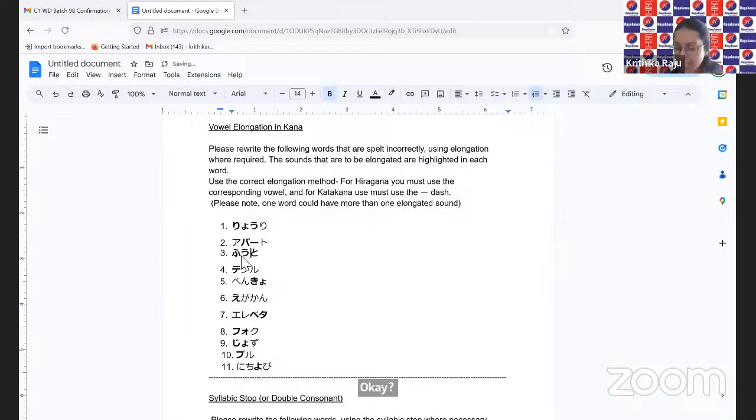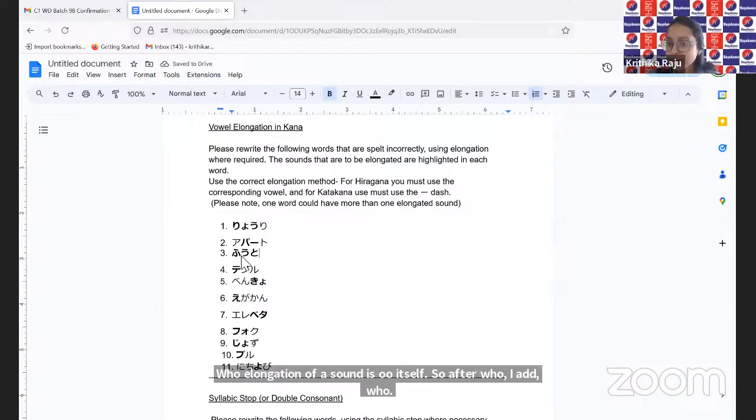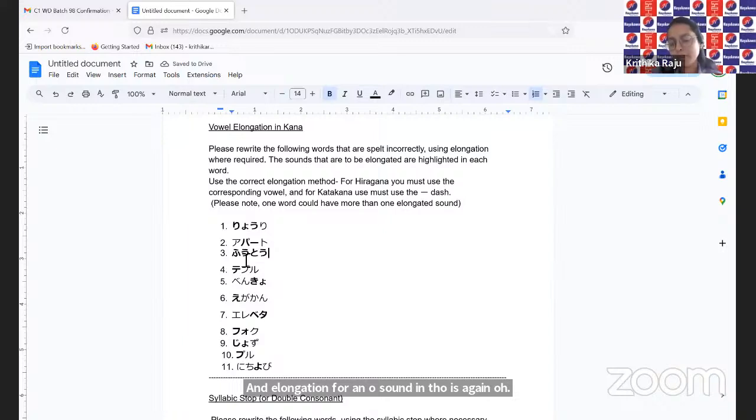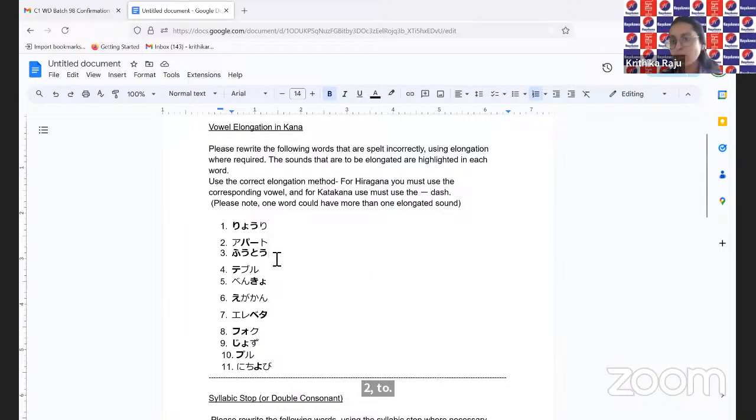So after hu, I add u. And elongation for an O sound in to is again U. So it's hu to. Can you all repeat after me? Hu to. Yes. Hu to is envelope.